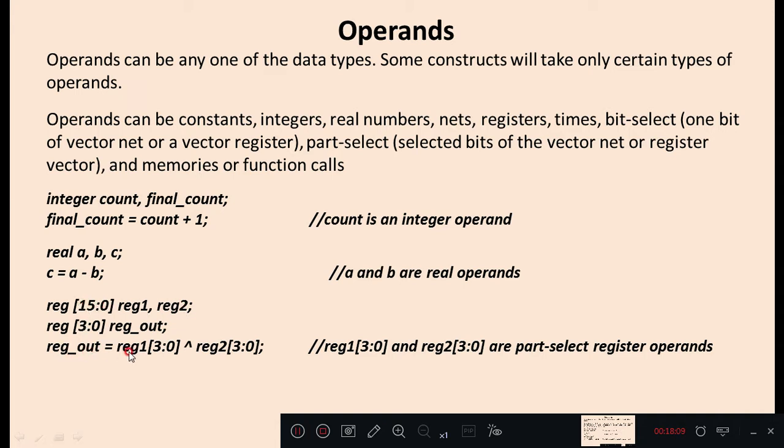Register_out is equal to register1[3:0] ^ register2[3:0]. Since register_out is 4-bit, you are selecting the lower 4 bits out of 16, performing bitwise XOR, and assigning it to register_out by using vector part select.